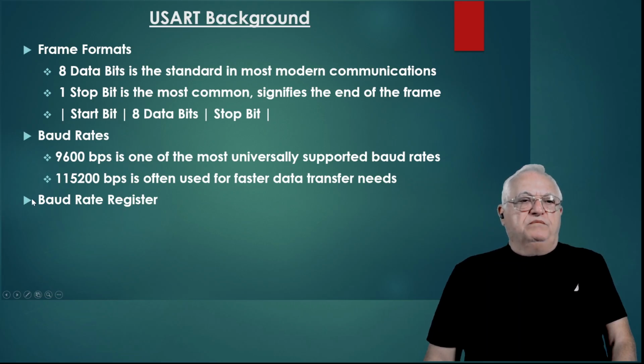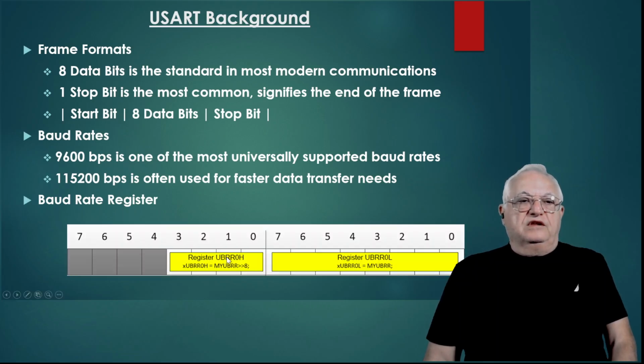Next, we have the baud register. It's important to understand what this register looks like. So that was the one that we calculated, the UBRR0. We have 2 registers where we have to put that information.